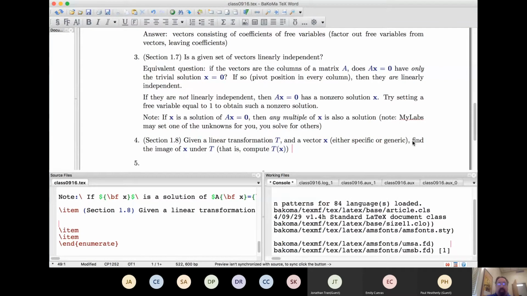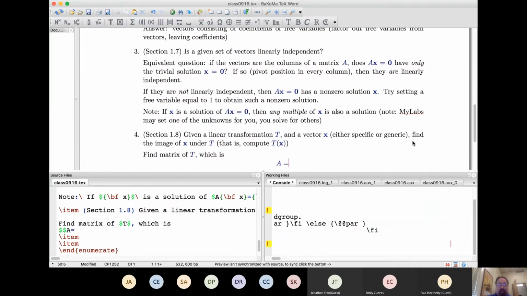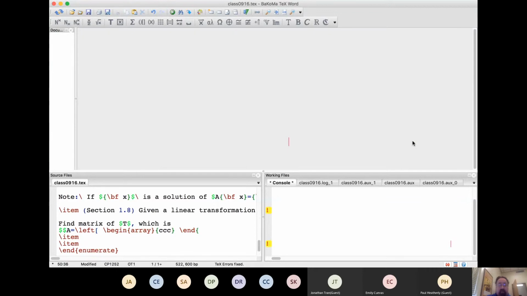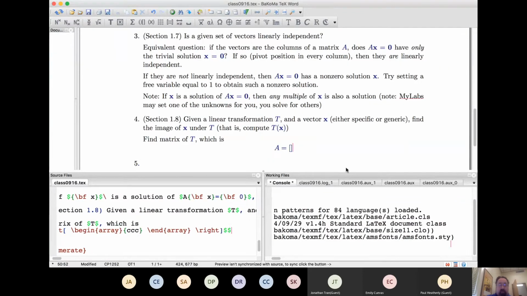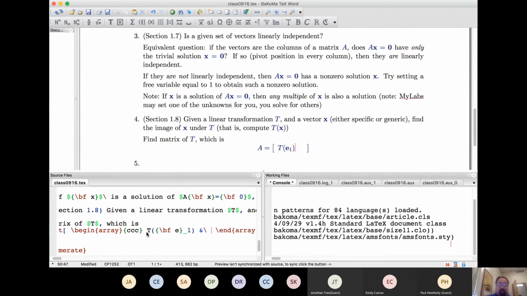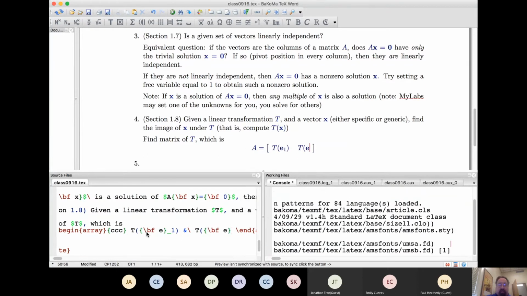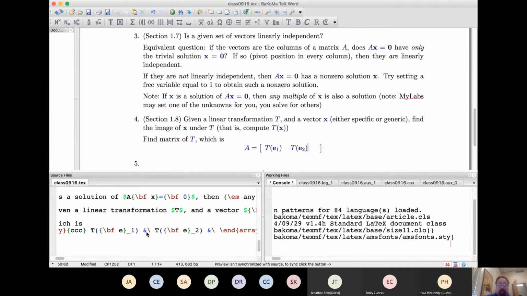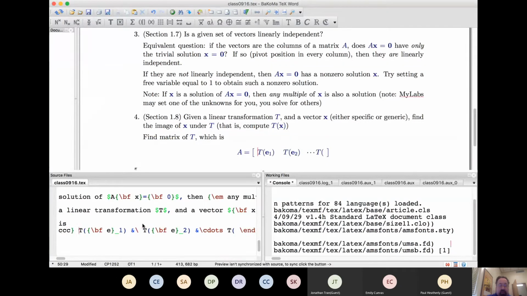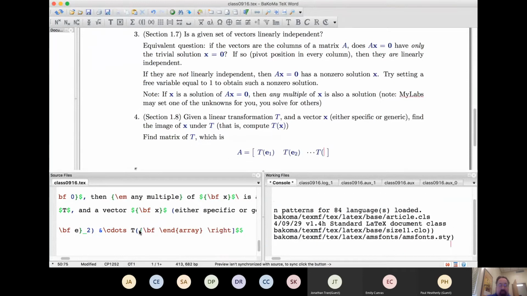What you can do is find the matrix of T. If you apply the linear transformation to each of the standard basis vectors, remember these are the vectors that have all components 0 except one of them that's equal to 1, then you simply put the results together as columns of the matrix.